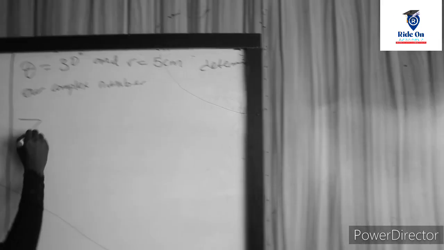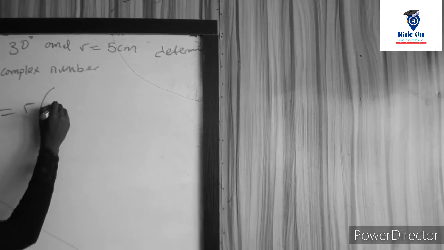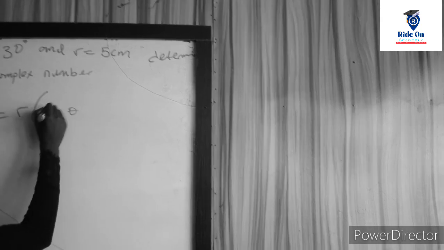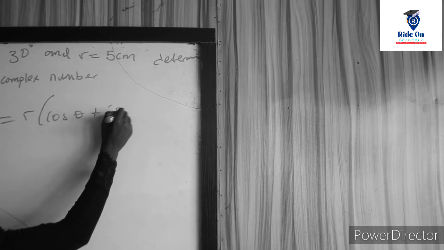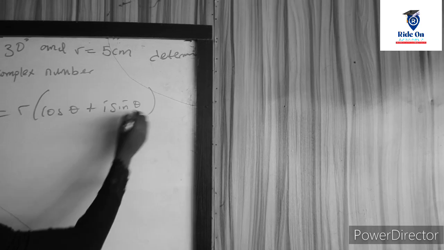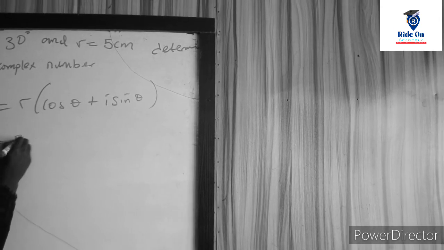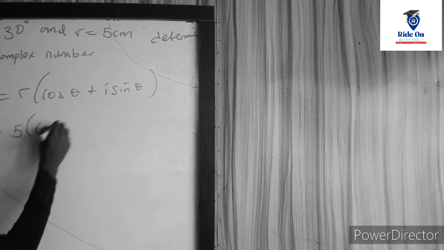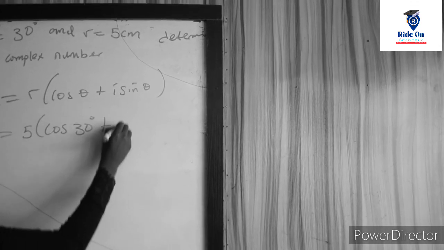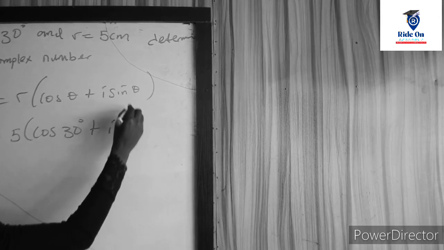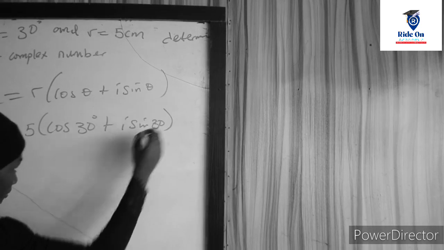So our polar formula is that z is equal to r (cos theta plus i sin theta). Our r is given to be 5, so 5 (cos 30 degrees plus our imaginary number multiplied by sin 30 degrees).